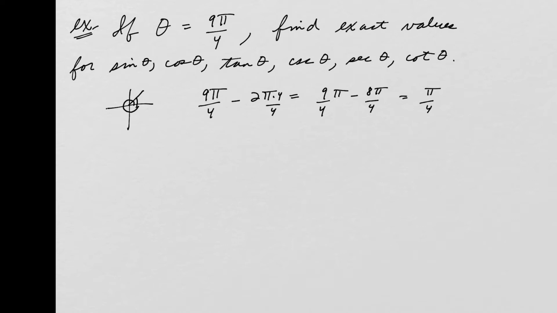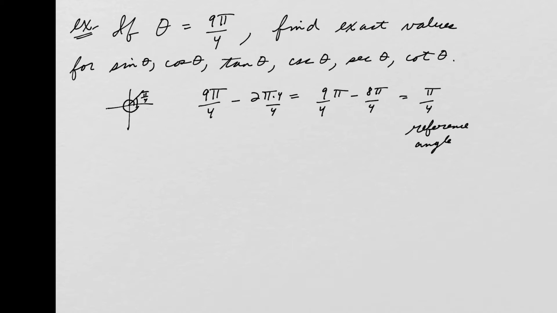So the reference angle is pi over 4. It's also a coterminal angle, but in this case it is the reference angle because it's measured relative to the x-axis. So this angle right here is pi over 4.